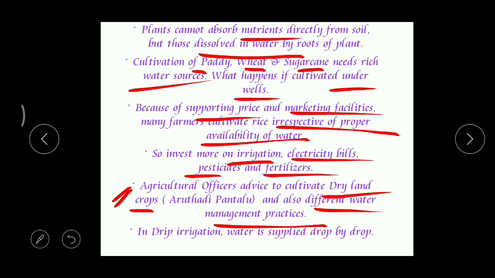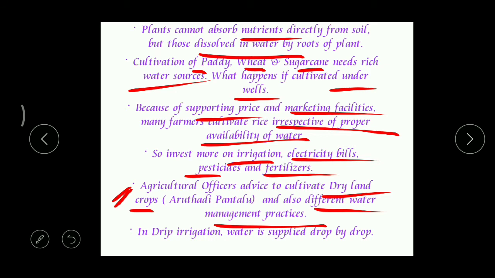How? Drop by drop. That is the advantage of drip irrigation. By using drip irrigation, we can supply the water drop by drop, so that there will be no wastage of water. About drip irrigation we can deal in the coming sessions.